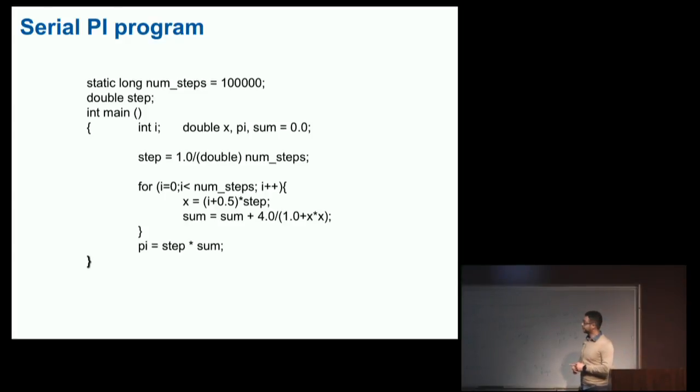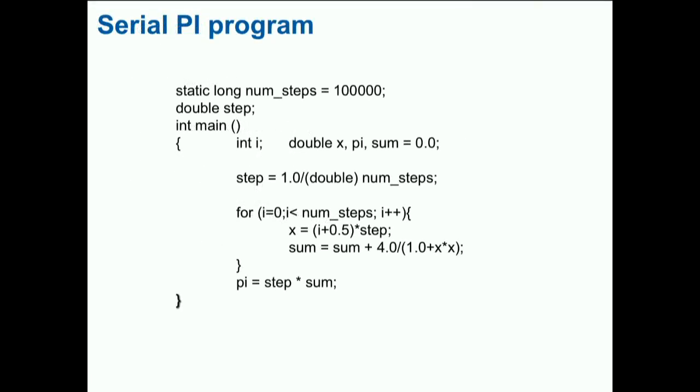I take a bunch of steps between 0 and 1, and I decide how many little rectangles I'll do by the number of steps. And then I decide on the step length based on the number of steps. And I just run a loop. It will choose an x, which is the middle of that rectangle, find the function value at that, which is this formula, 4 over 1 plus x squared, add it to the sum, and do the next rectangle, add it to the sum, next rectangle. But this is correct.